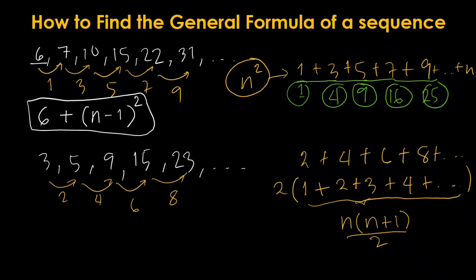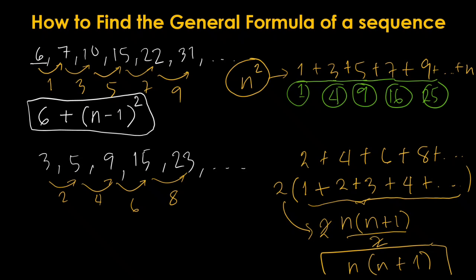Now, this is the cumulative sum of this series here. We still have 2 outside, so multiply it by 2. Here the 2 can be cancelled out, so we have n times n plus 1, which is the cumulative sum of this series here.